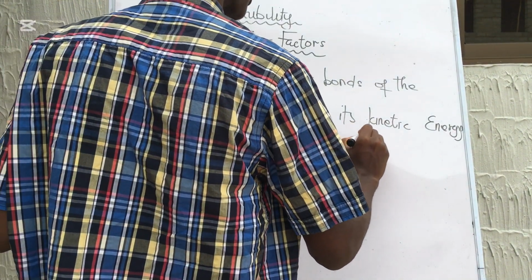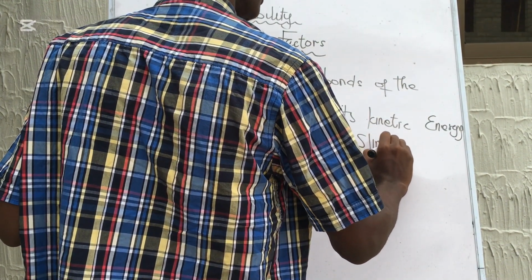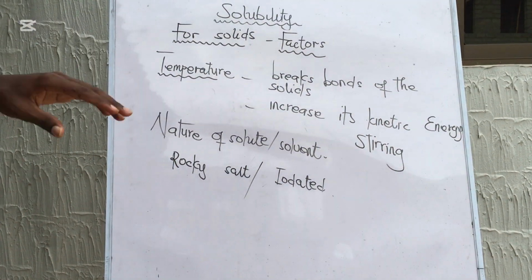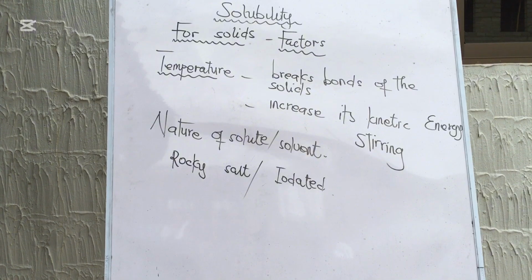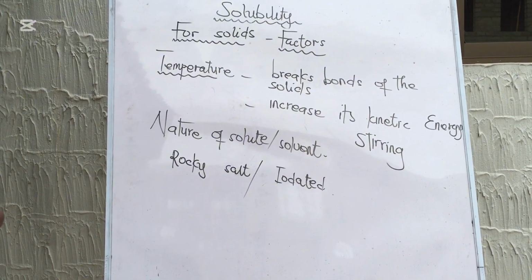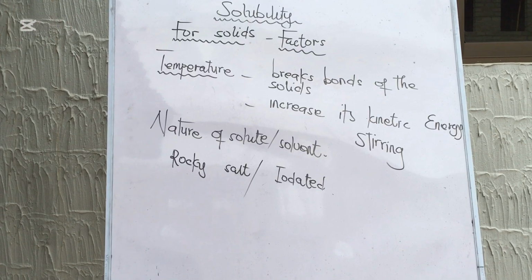Have you thought about stirring as well? Stirring is a factor, but it's not a factor that affects the solubility. It actually affects the rate at which the particular solid dissolves in the solvent.